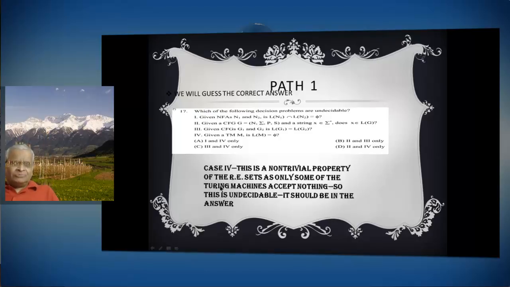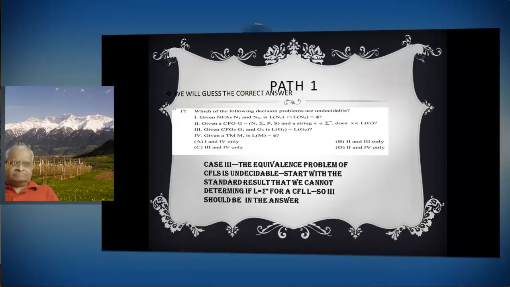As only some Turing machines accept nothing, it's undecidable. It should not be in the answer. It's also said to be the question whether a Turing machine accepts something at all. This we know is undecidable. So case 4 is undecidable.